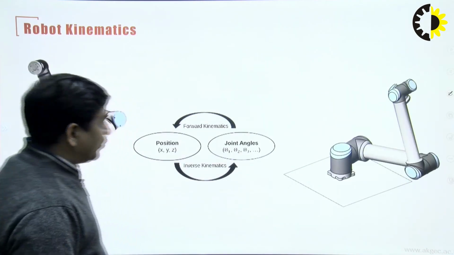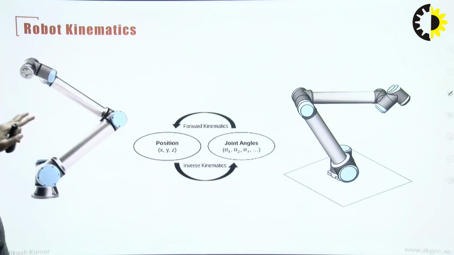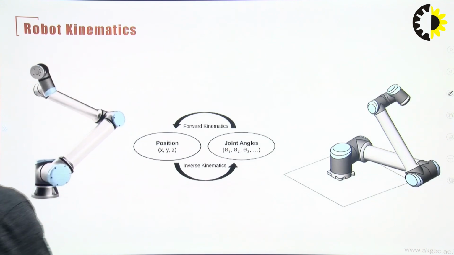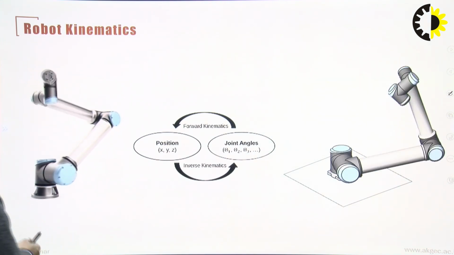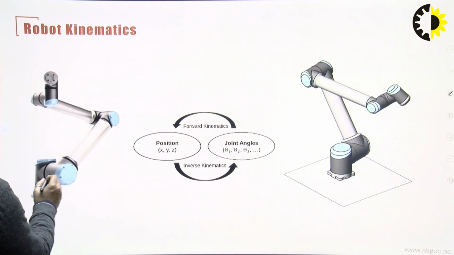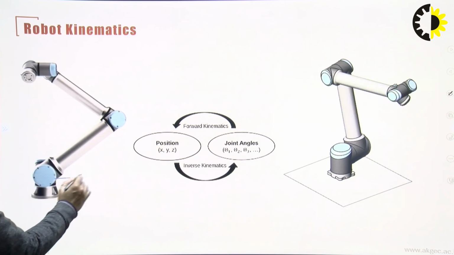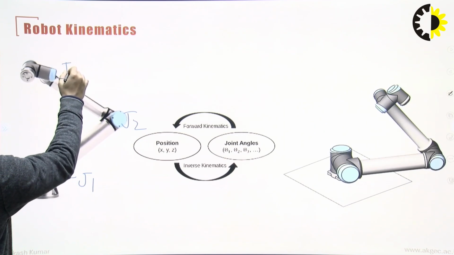So, if you see the first picture, if you observe, it is a case where only and only one solution is possible. So, see here, this is joint 1, joint 2, joint 3, like that.